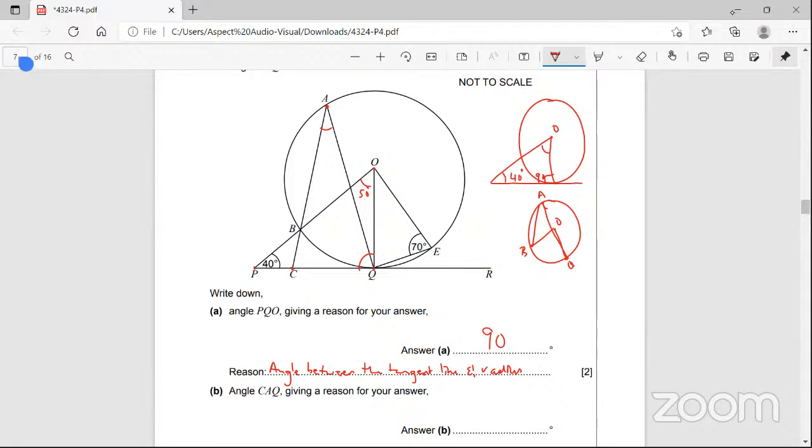Now what do I know about angles that meet at the center and at the circumference? This angle here is double the angle at the center, because it's coming from B and Q. From B and Q I'm meeting at the center, I'm also meeting at the circumference.